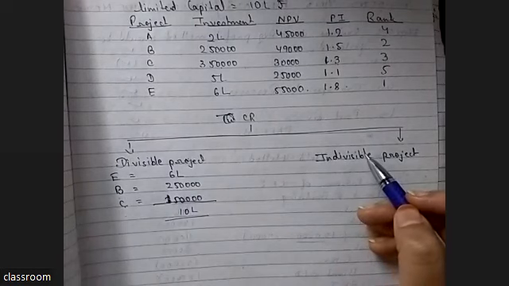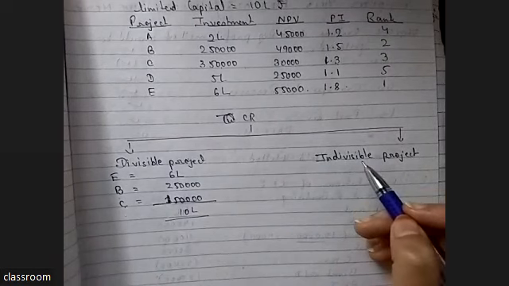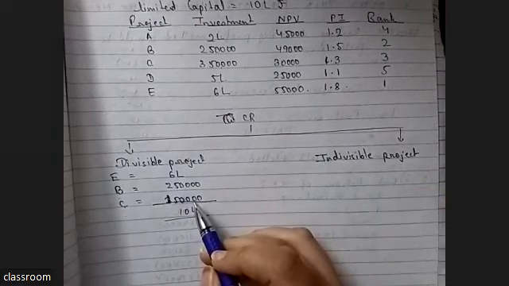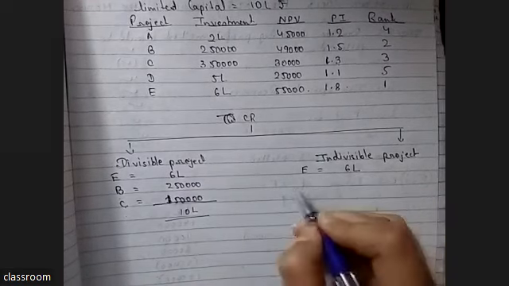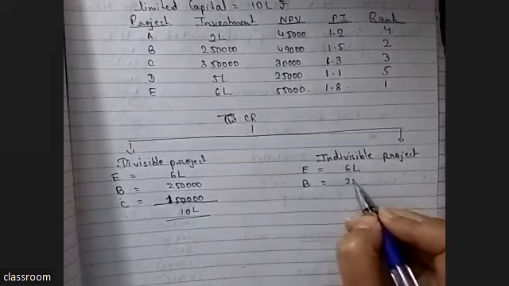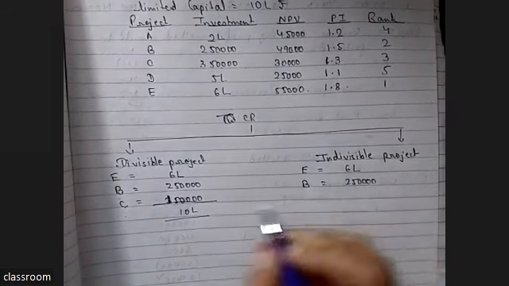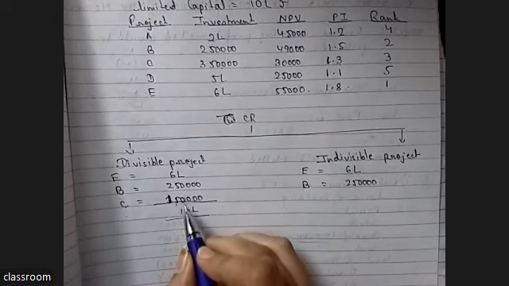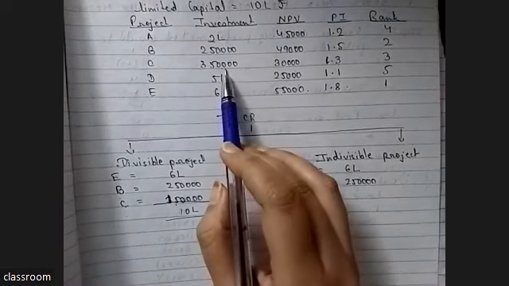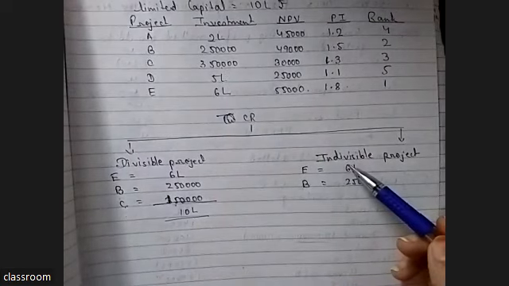But when there is an indivisible project and you can't break the project, how will you buy? First, you will buy this 6 lakh. Then you will buy this 2,50,000. Now you can't buy C. Why? Because it costs 3,50,000 and in this case you can't divide the project.